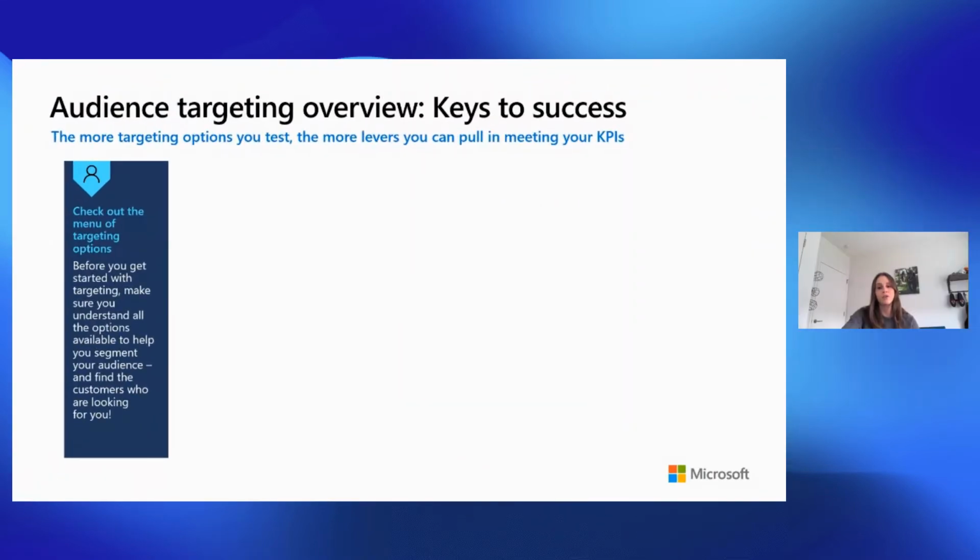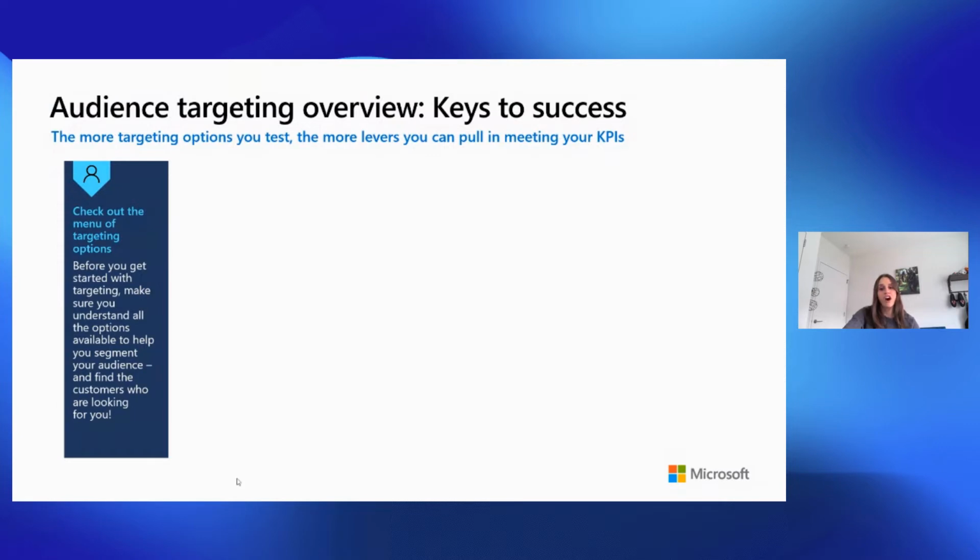Really think about who exactly you're trying to reach and who exactly is trying to reach you. Also, think about your goals and KPIs. Are you looking for awareness, consideration, conversions, or all of the above? By understanding the suite of targeting options and your ideal consumer, this will allow you to come up with the strategy to set you up for success.